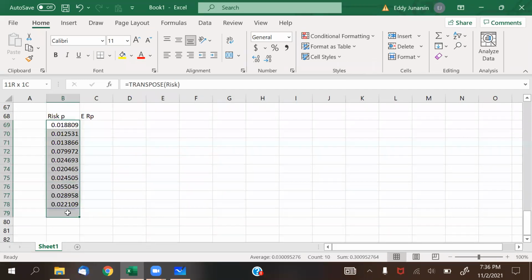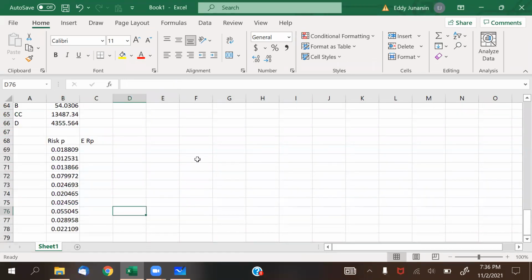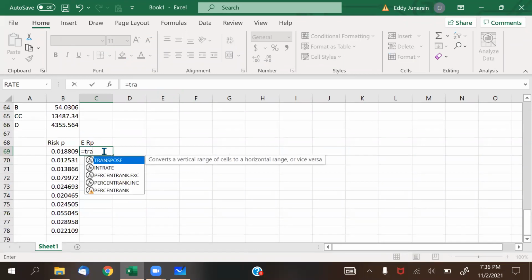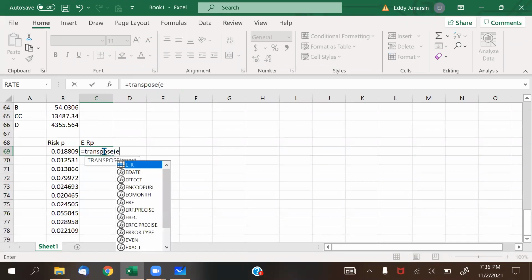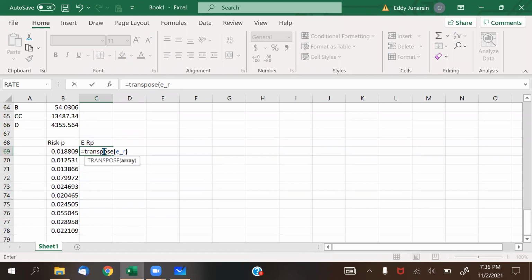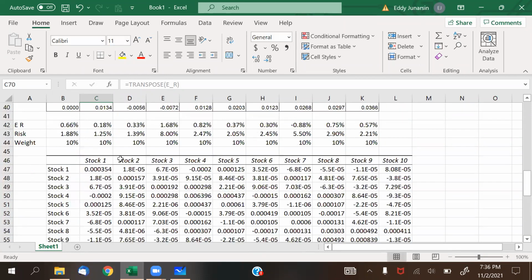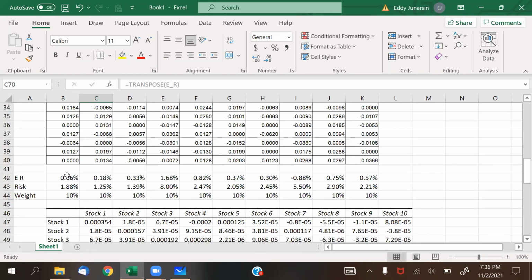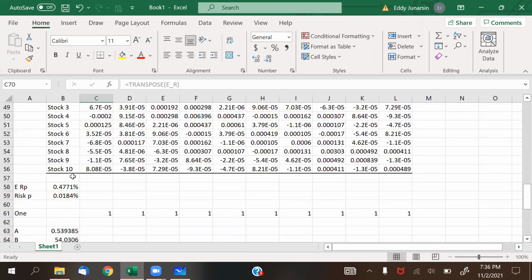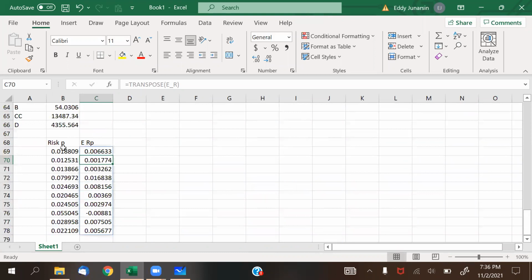The transpose of risk. And then same thing here, I will just do the transpose of expected return. Okay, that we did above. That's the benefit of naming your variable. So we just type it, and we get stocks 1 to 10.